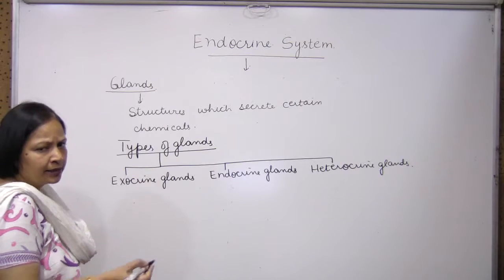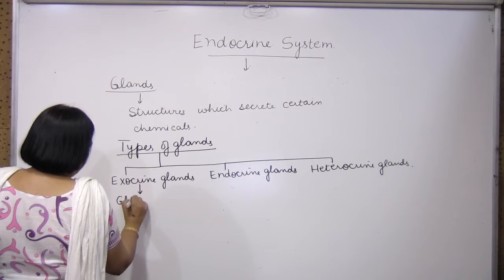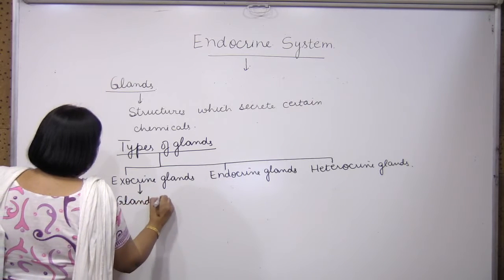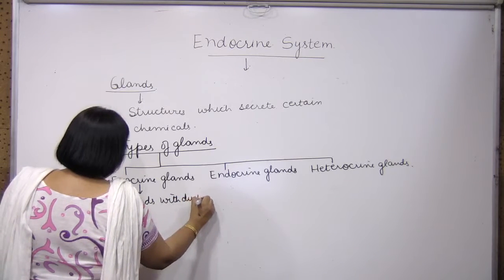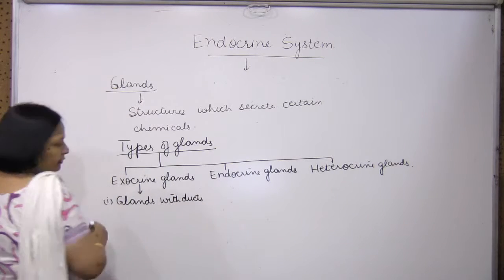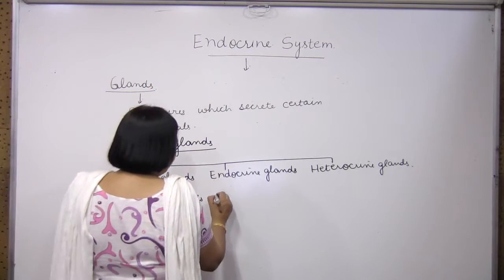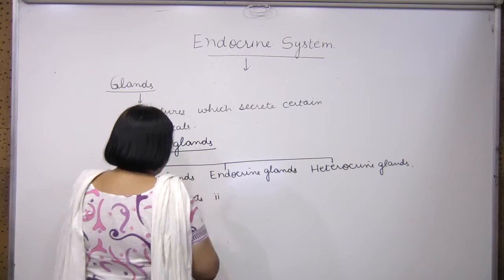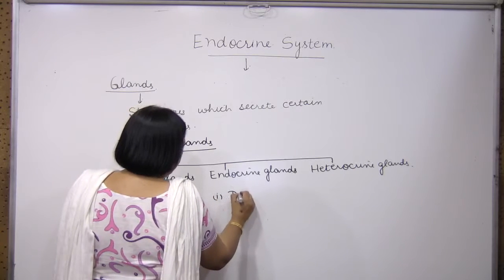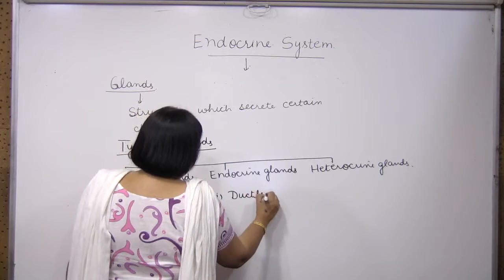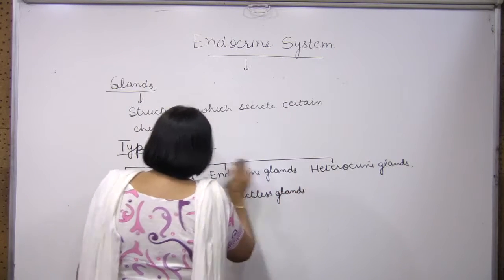Exocrine glands are simply glands with ducts. First note down the differences. Endocrine glands are ductless glands. I will explain all these things later on.